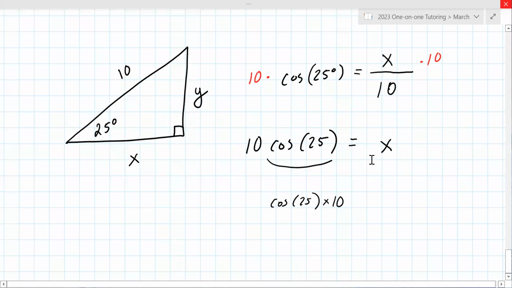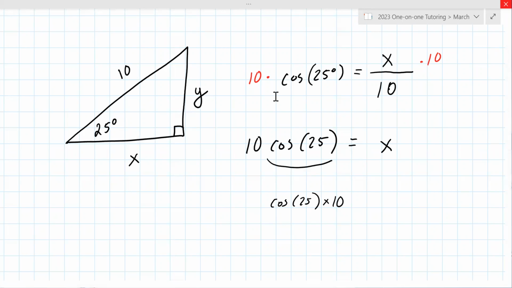Okay, 10. Cosine of 25. It's not letting me do anything. It's not working. So type in cosine 25 and hit enter.